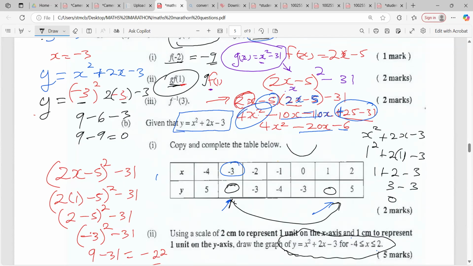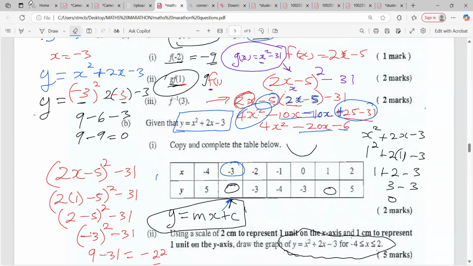Don't use a ruler, only for the straight line graph. And as we know, a straight line graph has another formula, y equals mx plus c, right? We have done these things already. It's just reviewing some of the stuff, guys. But everything is relevant. We don't want to take anything for granted.